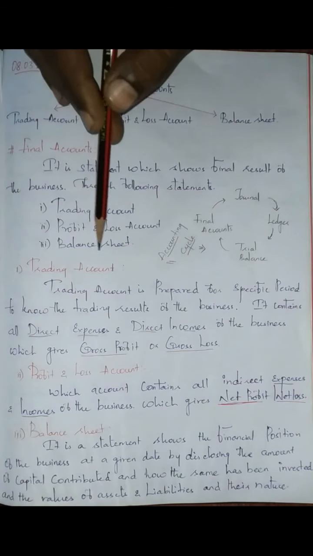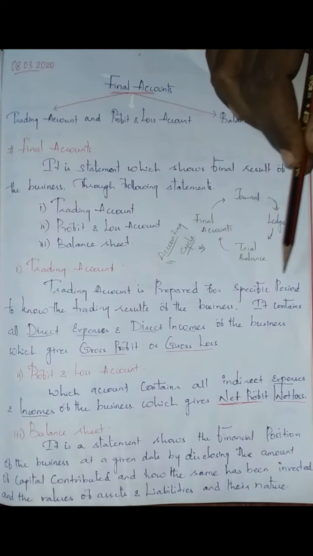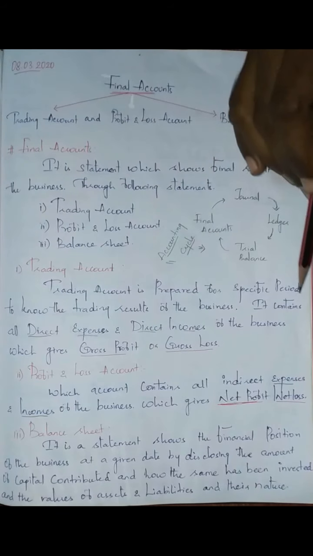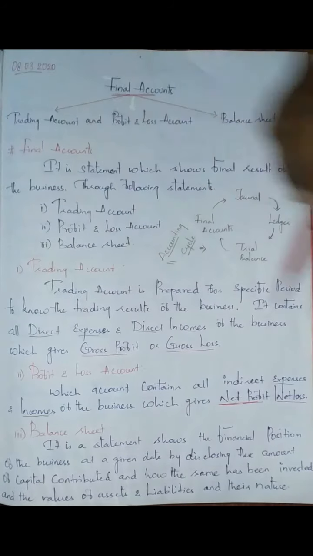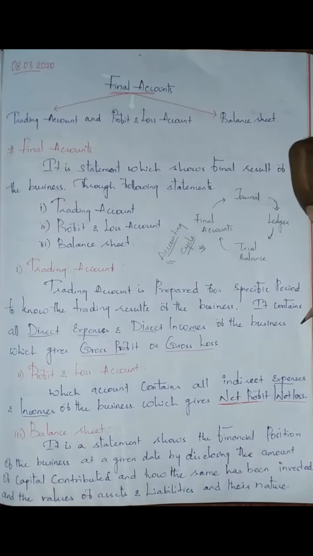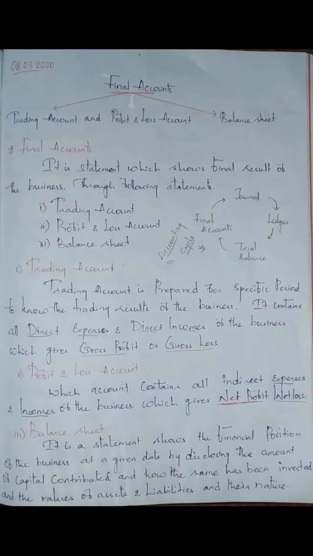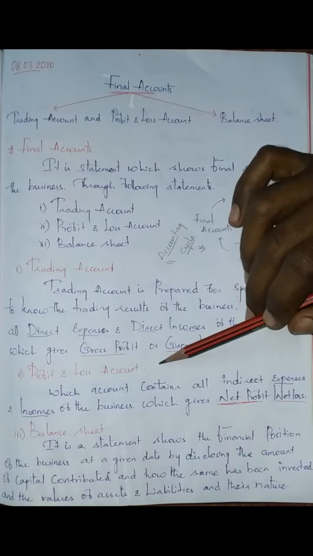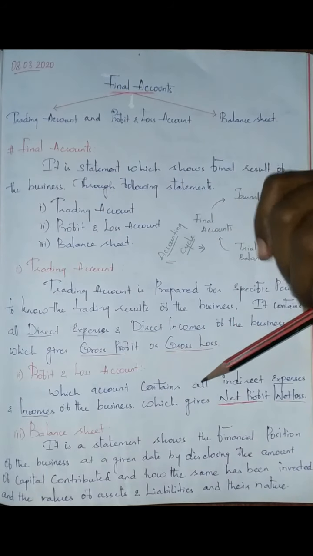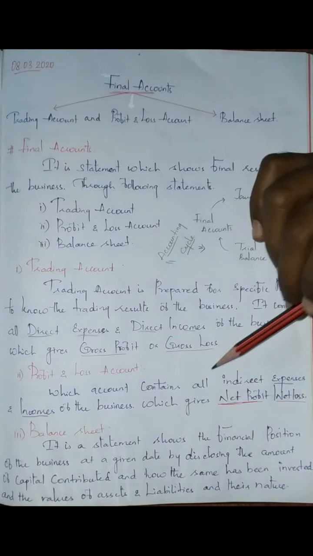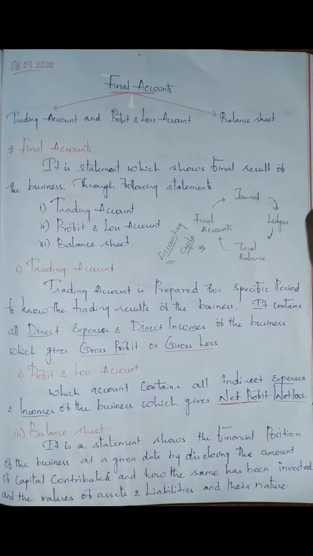The trading account is a statement prepared for a specific period to know the trading result of the business. It contains all direct expenses and direct incomes of the business, which gives the gross profit or gross loss of the business. The profit and loss account contains all indirect expenses and indirect income of the business, which gives the net profit or net loss of the business.